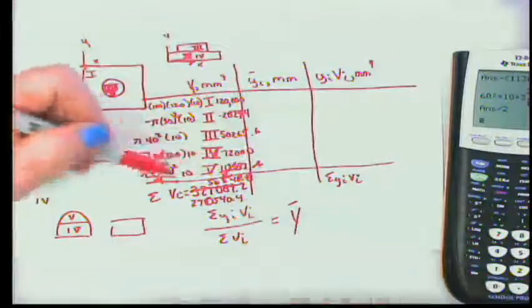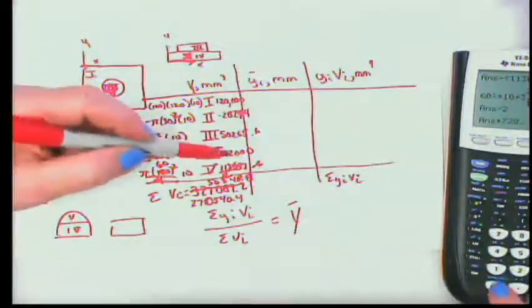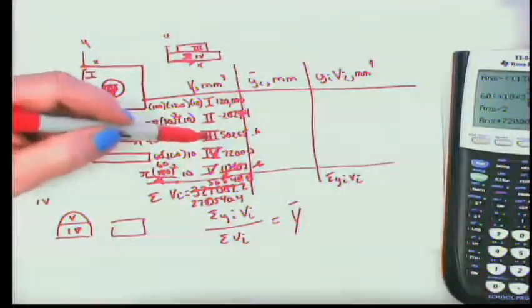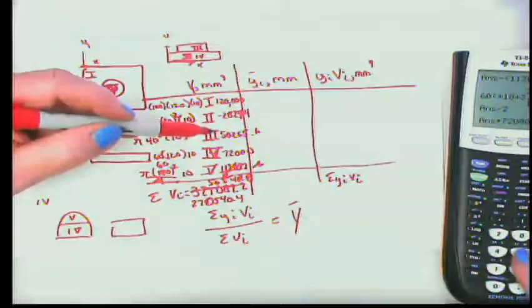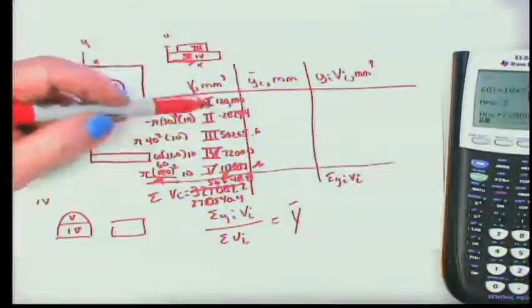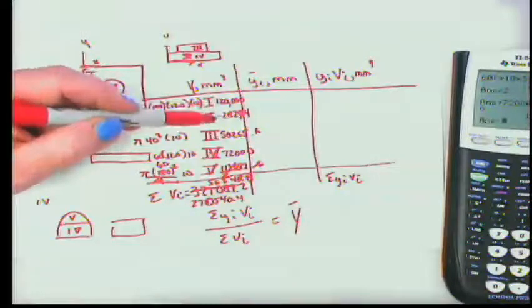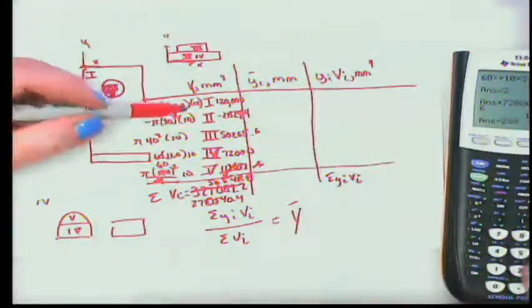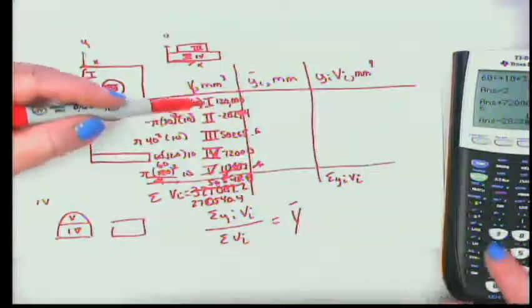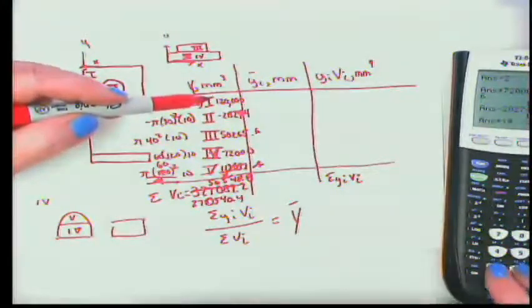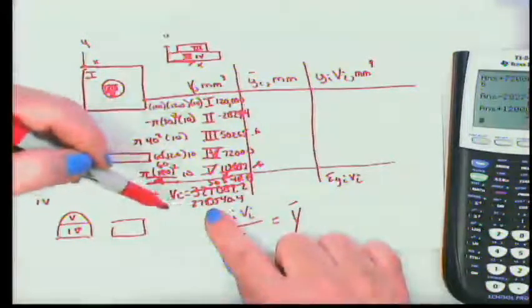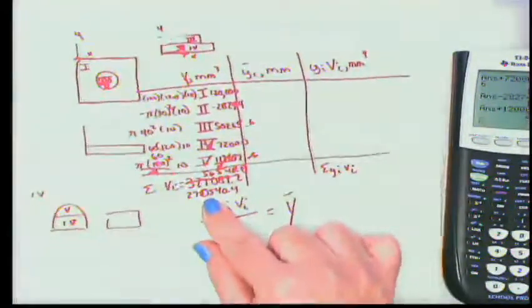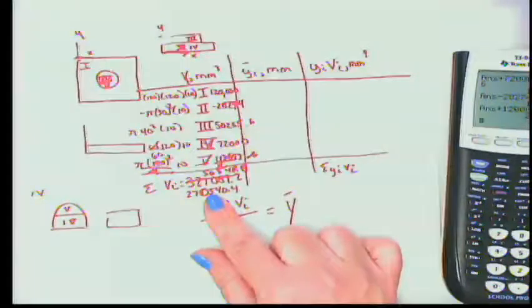Okay, add that to 72,000 and add that to 50,265.6 and subtract from that 28,274 and add 120,000. I get 270,540.4. I feel like there's a big chance of having an arithmetic error in there.